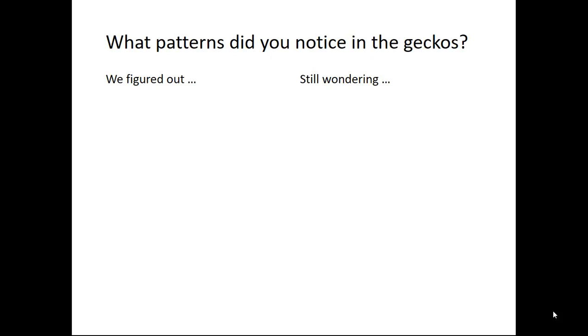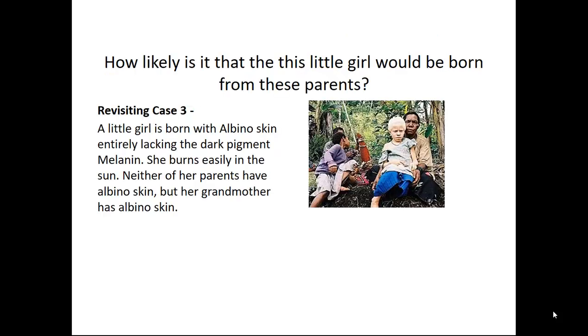But what about other organisms? Let's take a moment and revisit our albino little girl, the one that has albino skin, but neither of her parents have it, but her grandma has albino skin.